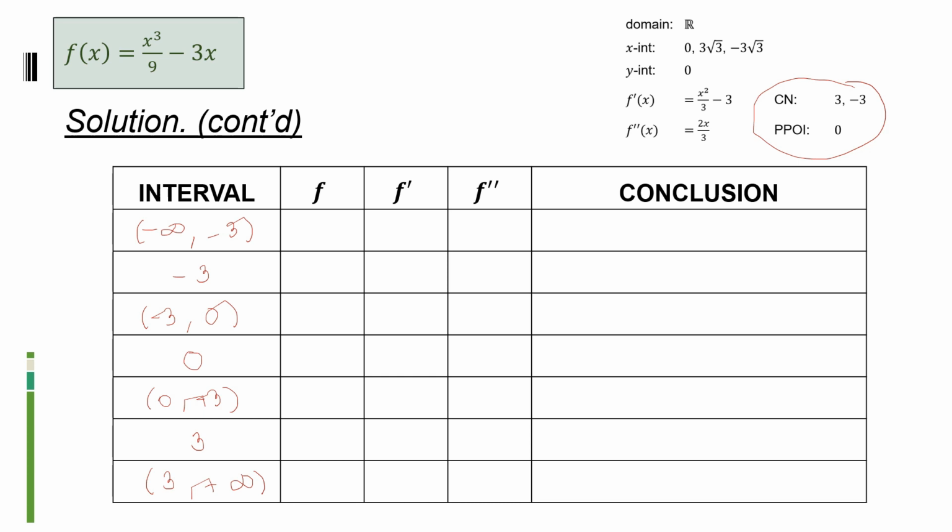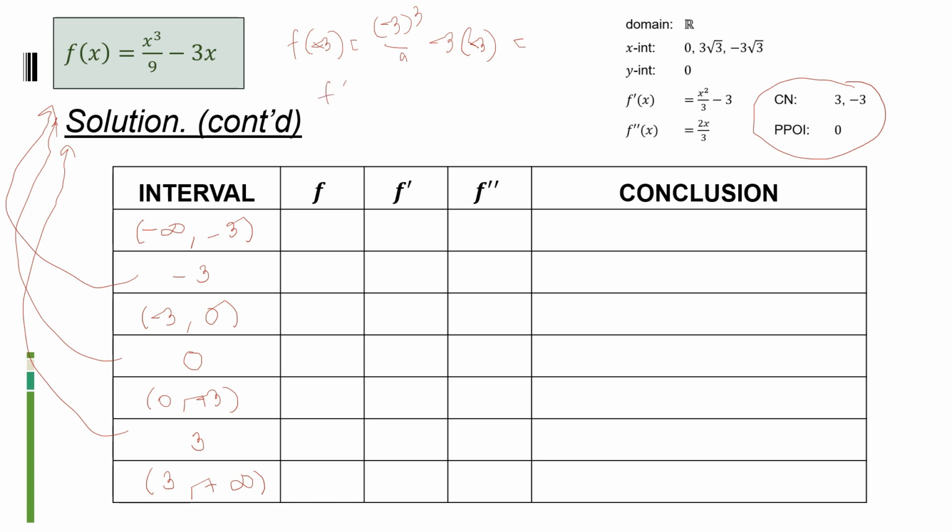So, unang munang gagawin natin, check muna natin ano yung values ng mga critical numbers natin at f. So, ang gagawin lang natin, itong mga critical numbers natin, isa-substitute natin doon sa ating f. Okay? So, first, f of negative 3 is equal to negative 3 cubed over 9 minus 3 times negative 3, okay? So, that is equal to negative 27 over 9 plus 9, so that is 6.